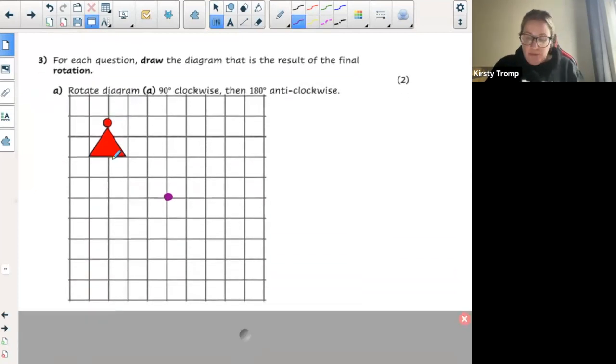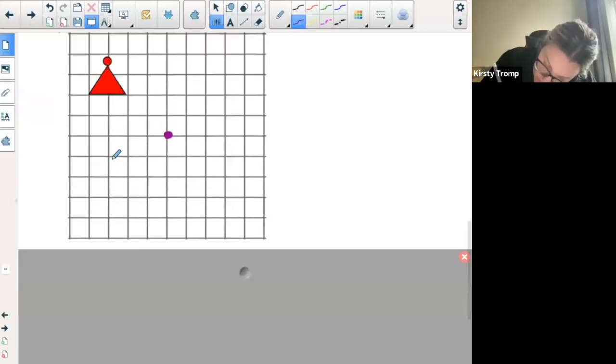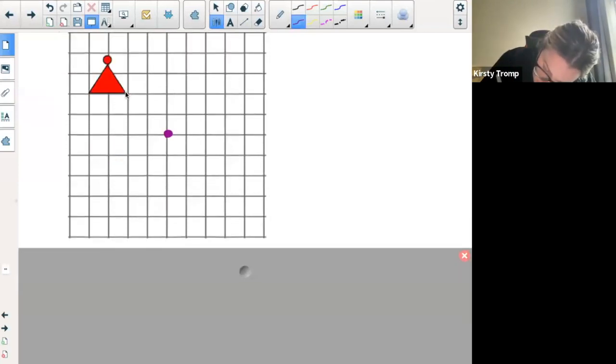So at the moment, the first thing you would do is you would go and draw points on your drawing. So you can see that this is in a grid. So I would put a point on that grid item.